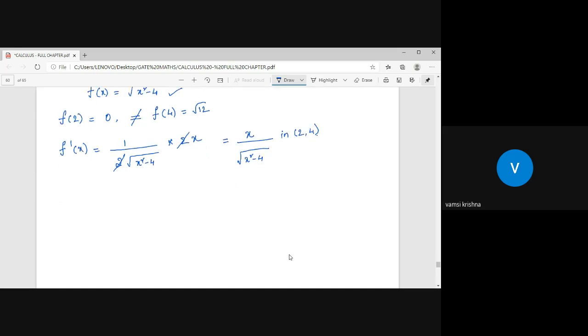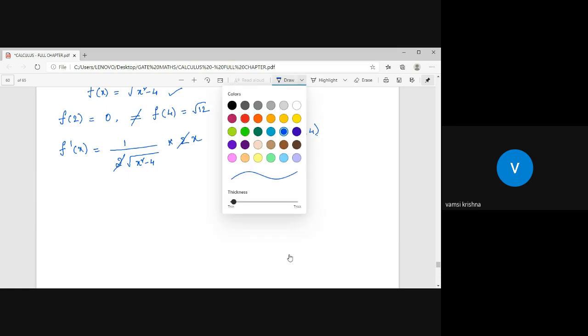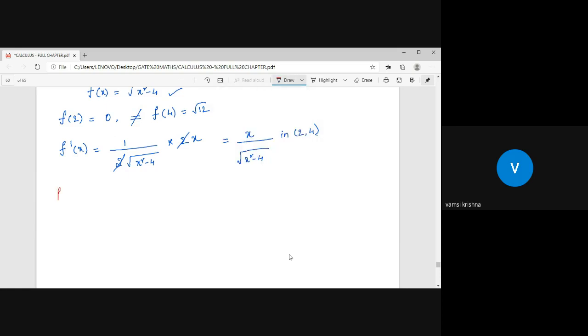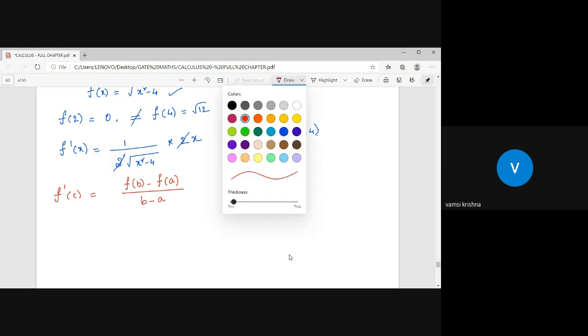The Lagrange statement is something like f dash of c is equal to f of b minus f of a divided by b minus a.